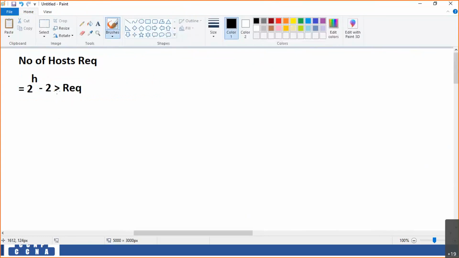So 2 power h minus 2 greater than or equal to requirement is what you can use. Why minus 2? Network ID and broadcast ID.